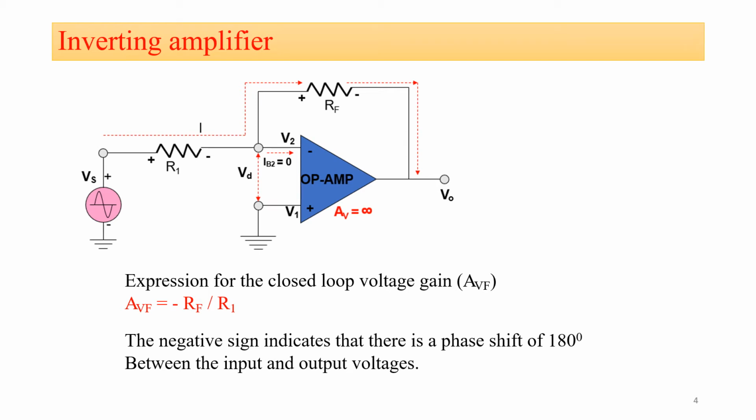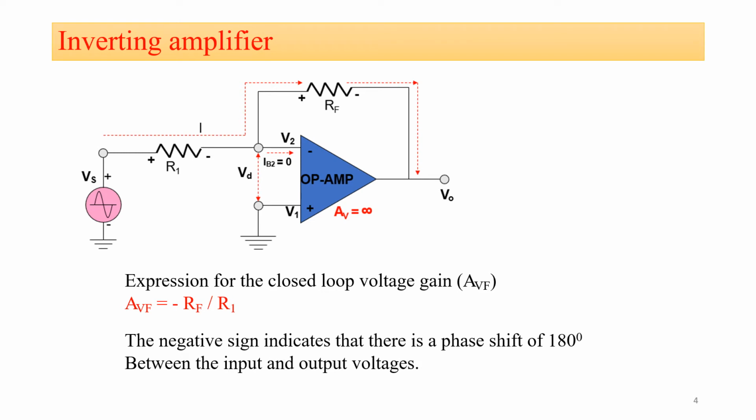Means our output voltage will be equal to 2 into 10 raised to 5 into our input voltage. That's why our output voltage gets saturated. But in this case, our closed loop voltage gain, that is AVF, which is equal to minus Rf by R1, means the closed loop gain will decide what will be the output voltage.